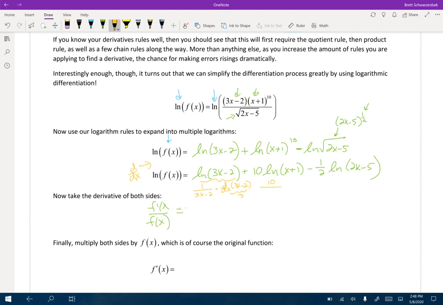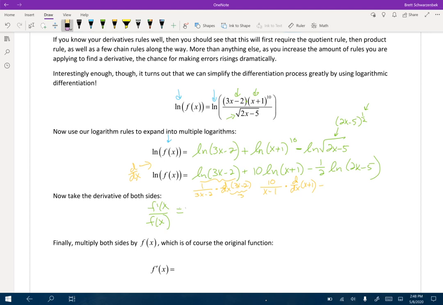Then the derivative of the natural log of x plus 1 is 1 over x plus 1 coming along for the ride, times the derivative of x plus 1. Then over here, the 1/2 stays put, so we're going to have 1 over 2 times 2x minus 5. Actually, I'm going to make it a little bit easier for you.